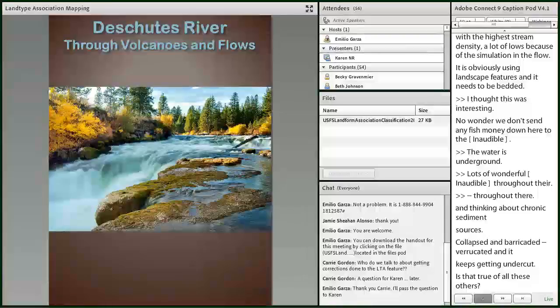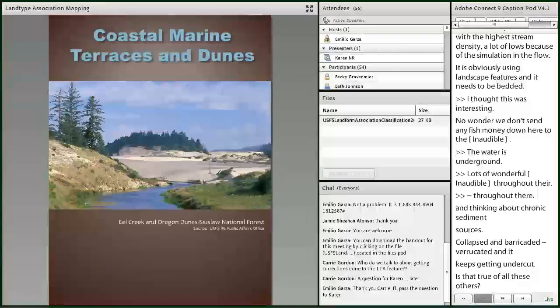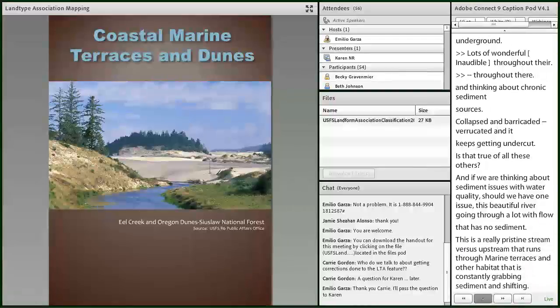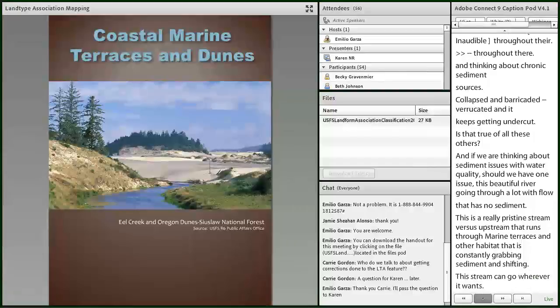I mean, this is a really pristine kind of stream versus a stream that runs through marine terraces and dunal habitat that's constantly grabbing sediment and shifting. This stream can basically go wherever it wants, and so you have a whole sediment bottom to this stream that you won't have in some of the harder rock, angulate, or dissected areas, or some of the lava flow areas.